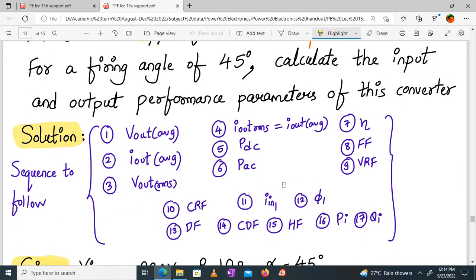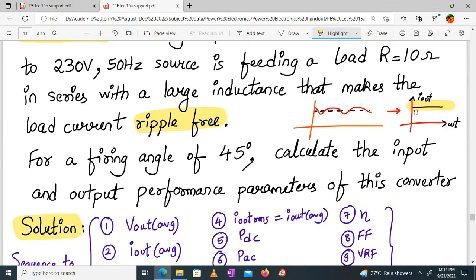Now how will you do this? What's the sequence to follow? If they give you calculate input and output performance parameters, we first calculate V out average, I out average, followed by V out RMS, then I out RMS, which will be same as I out average, because it is constant. If there are no ripples, whose RMS value would you calculate?